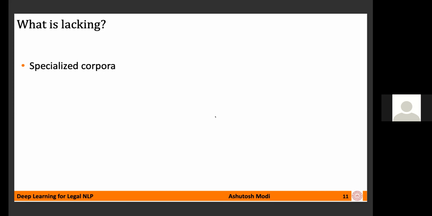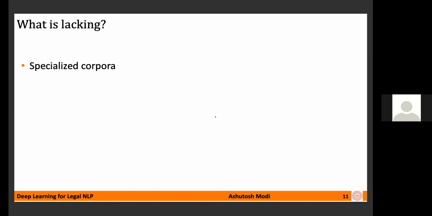The same is the case for the legal domain as well. We need annotated corpora for the development of techniques and systems, basically. However, the challenge with legal corpora is that annotating these is not easy, right? You basically need legal experts for annotations. This is one challenge.